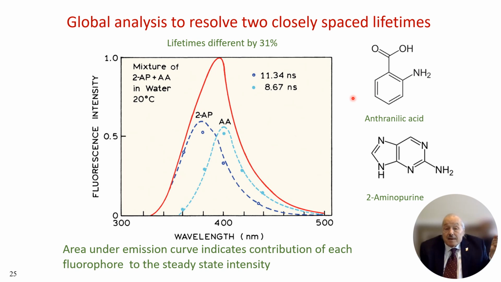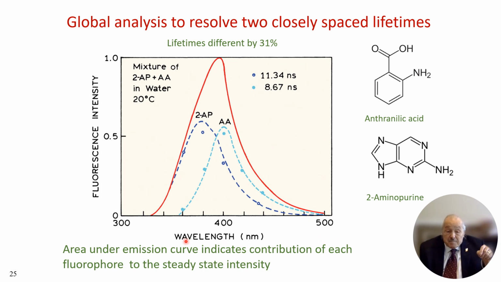Now let's look at a global analysis of two closely spaced decay times. And that becomes increasingly complicated. The mixture that we chose is anthranilic acid and 2-aminopurine. The lifetimes are different by only 31%. Remember, in the previous example, we had a lifetime difference of 3 or 4-fold.